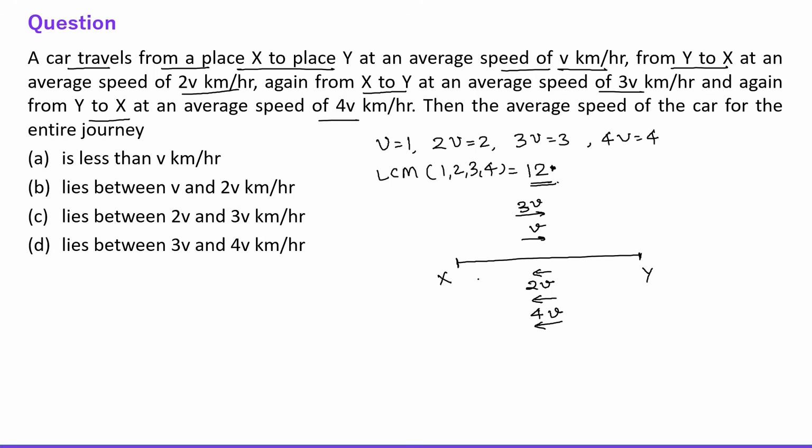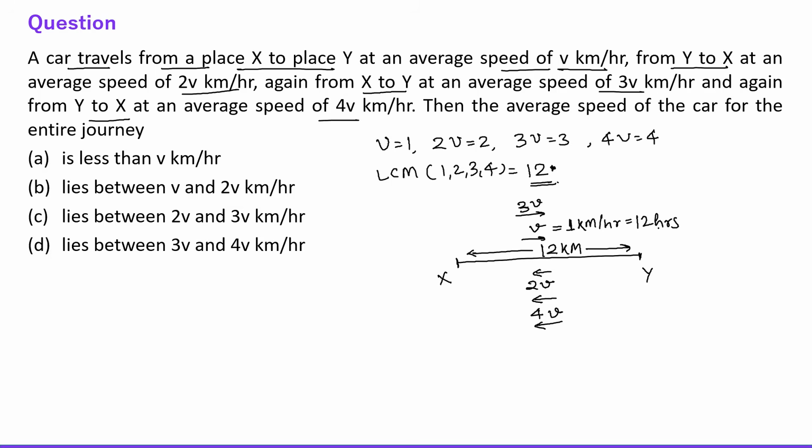Okay, so we have assumed that the distance between X and Y is 12 kilometers. When he is going from X to Y at V km per hour, his speed is 1 km per hour, because we have assumed V as 1 km per hour. So the time taken by him is 12 hours.